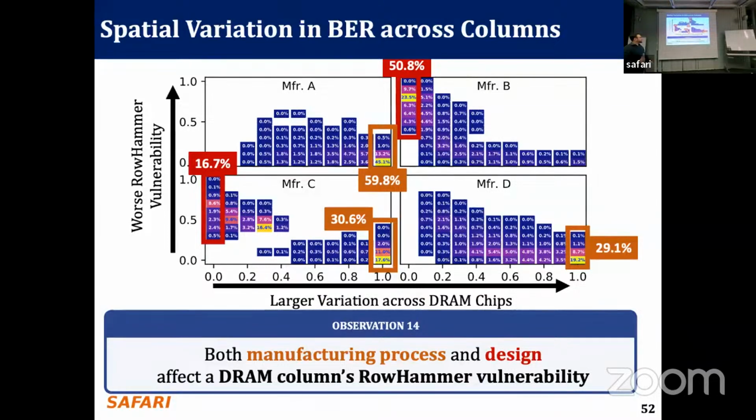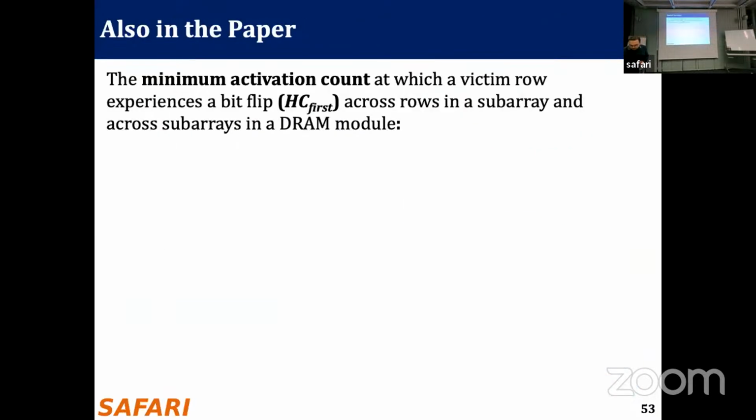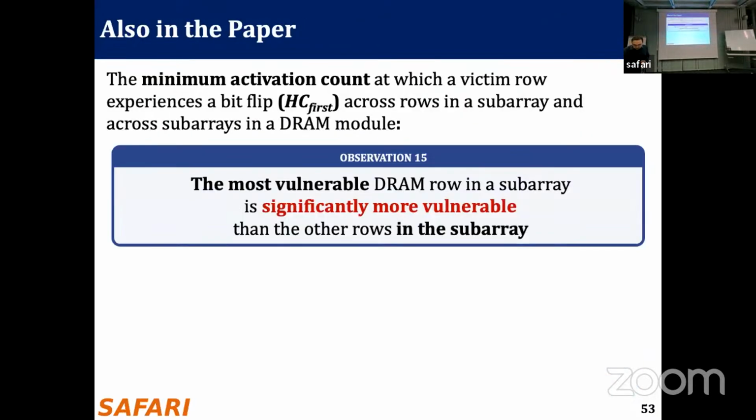So yeah, we conclude that both manufacturing process and design can affect the DRAM columns' RowHammer vulnerability. We also look at how the minimum activation count at which a victim row experiences a bit flip varies across rows in a subarray and across subarrays in a DRAM module.